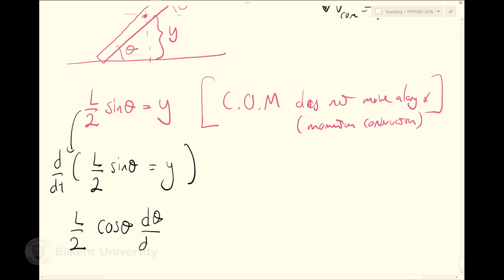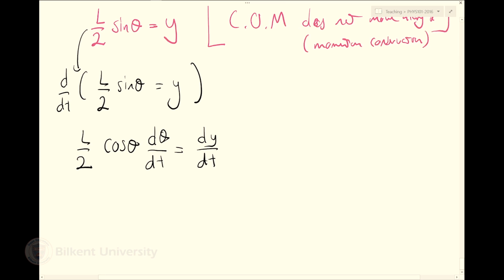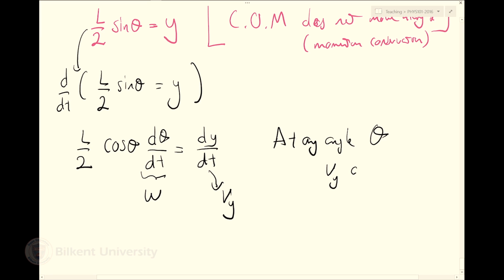I need to write d theta dt is dy dt. dy dt is vy, and d theta dt is what I call omega. So at any angle theta, vy and omega are related.